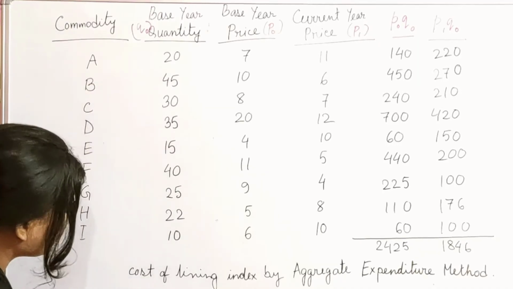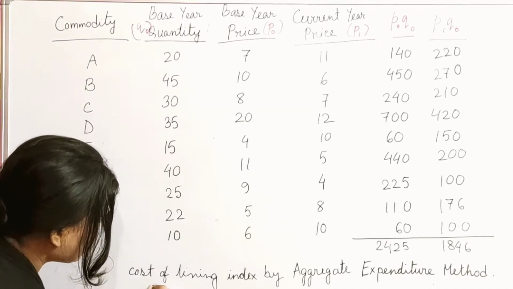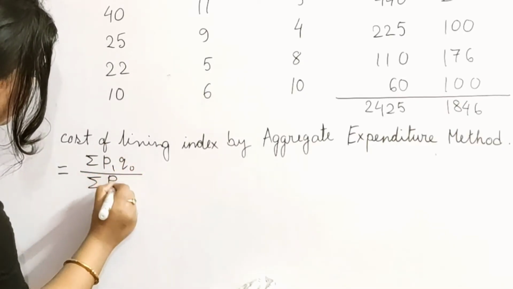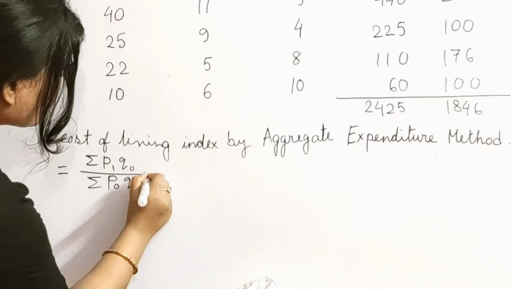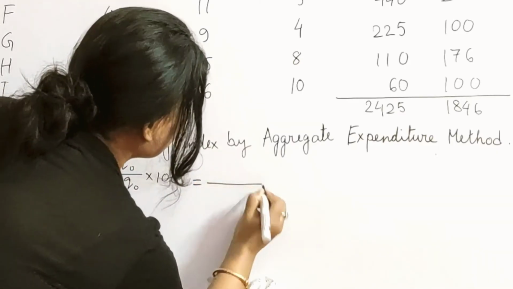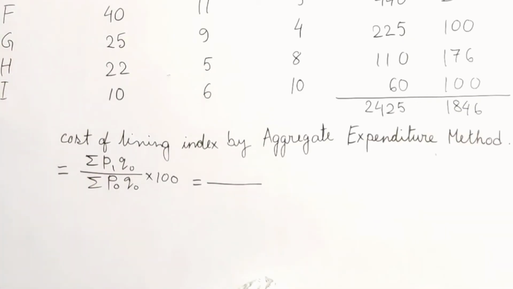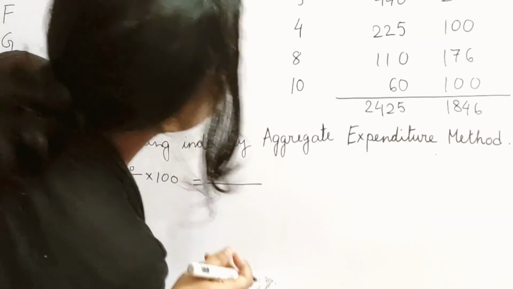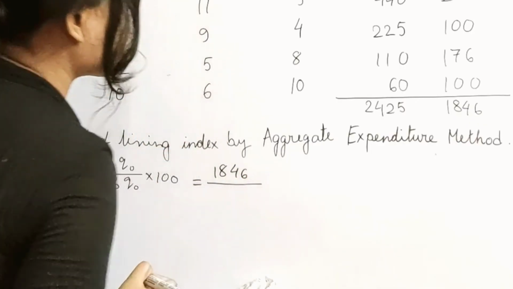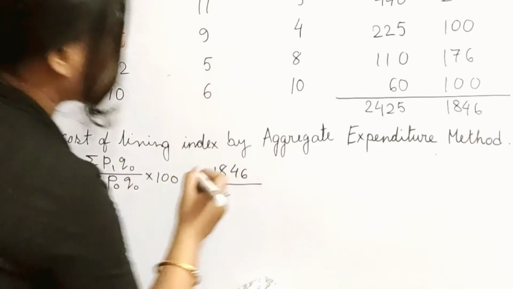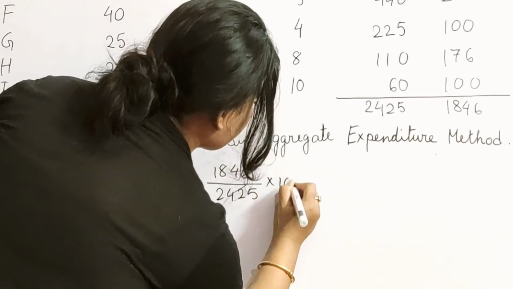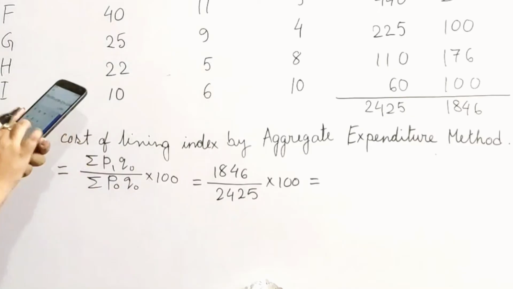So to find the cost of living index by the aggregate expenditure method, the formula is summation of P1 Q naught divided by summation of P naught Q naught into 100. Substituting the values we got from the calculation, the P1 Q naught value is 1846 and the P naught Q naught value is 2425, into 100.